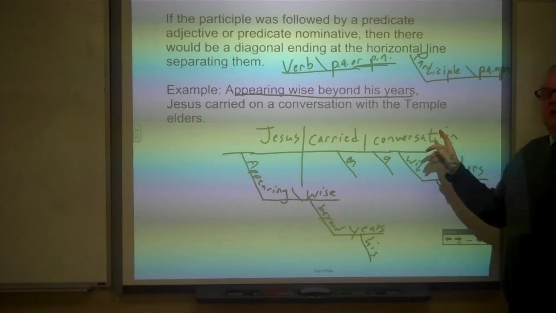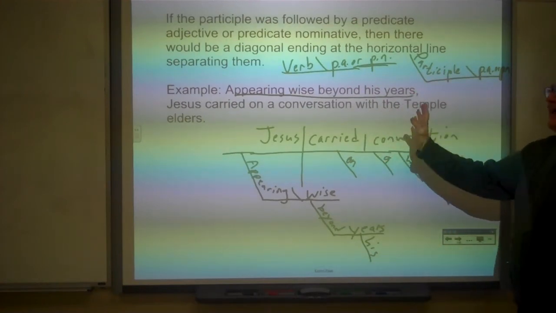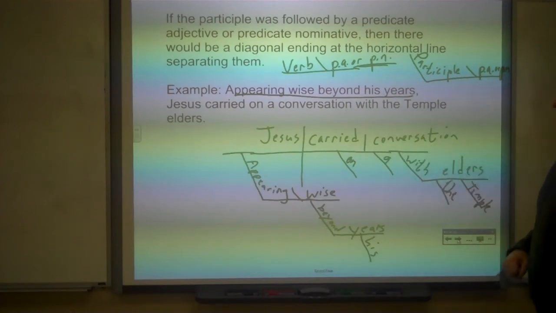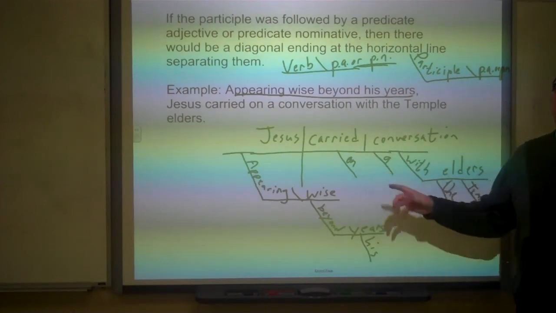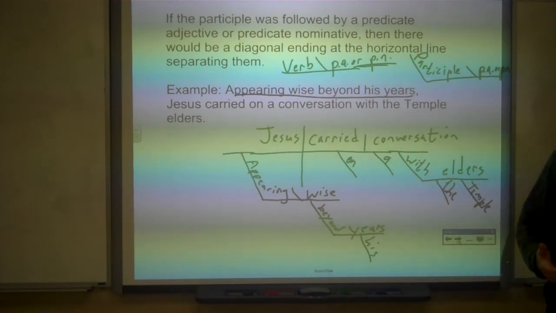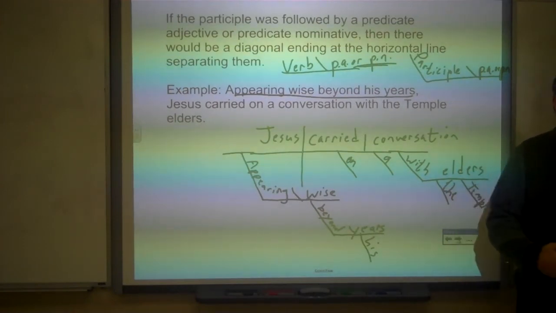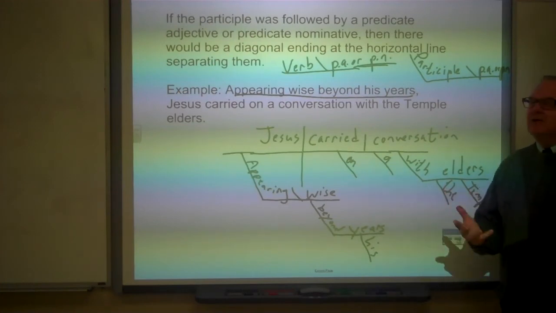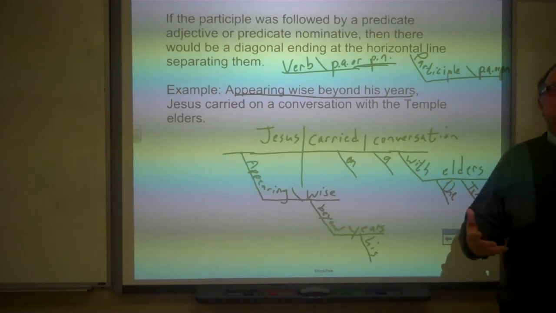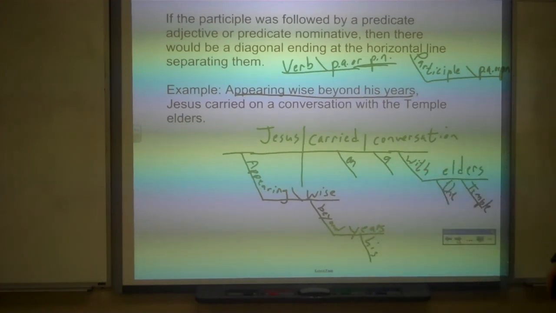In this case, the way I think it's usually diagrammed is he carried what? Carried a conversation. On, if you think about it, in this sentence is really just an adverb, because we can carry or we can carry on. Okay, it means something a little bit different. It's kind of equivalent to carry onward.